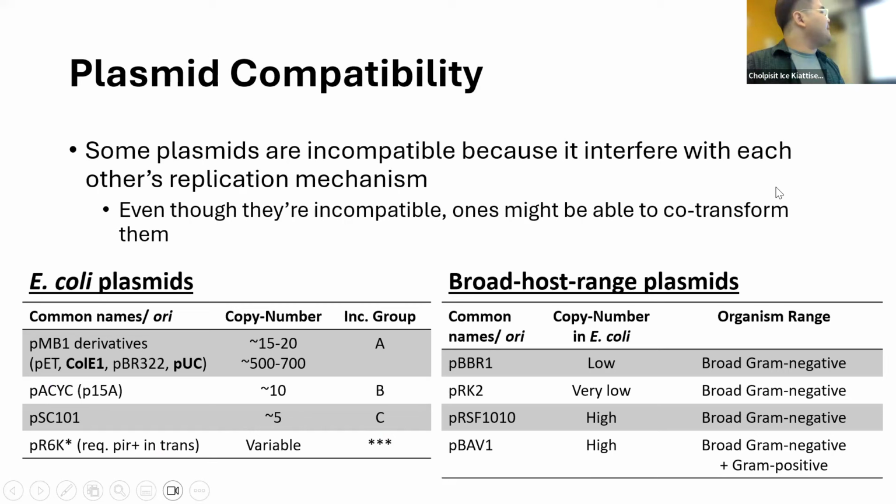Apart from having different plasmids, we also have to think about plasmid compatibility. If we have one plasmid and we try to put it into bacteria that doesn't have any plasmid before, then we can select for the group that has the plasmid or doesn't, right? That's pretty easy.